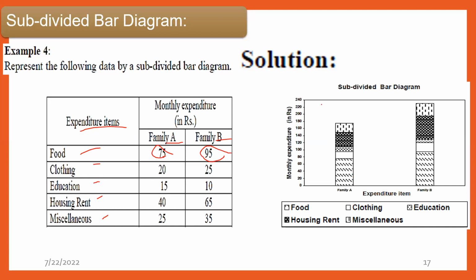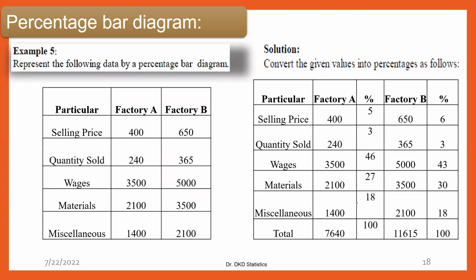So here we can create this subdivided bar diagram, for family A and family B, with food, clothing, house rent, education, and miscellaneous. So this is the component bar diagram, or subdivided bar diagram.